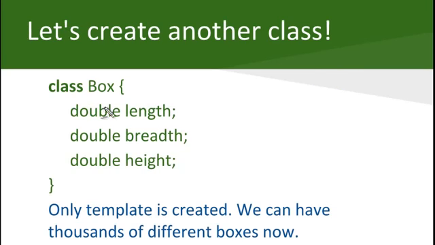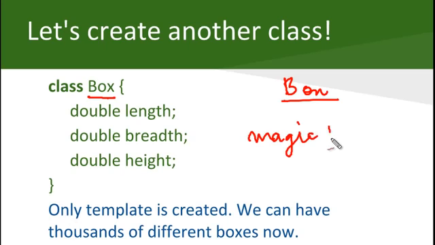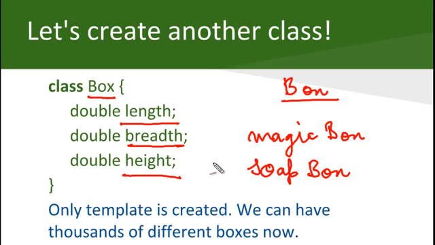Let us now create another class. Let's call this class box. Now there can be different objects of the kind box. There can be a magic box, there can be a soap box, etc. And we'll be defining three fields: length, breadth and height.